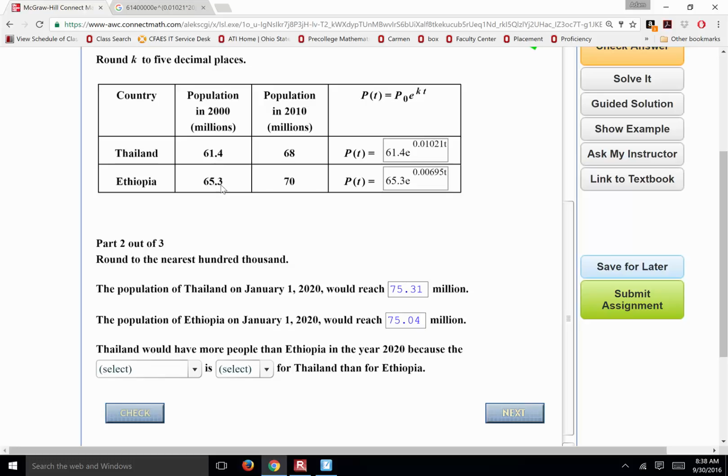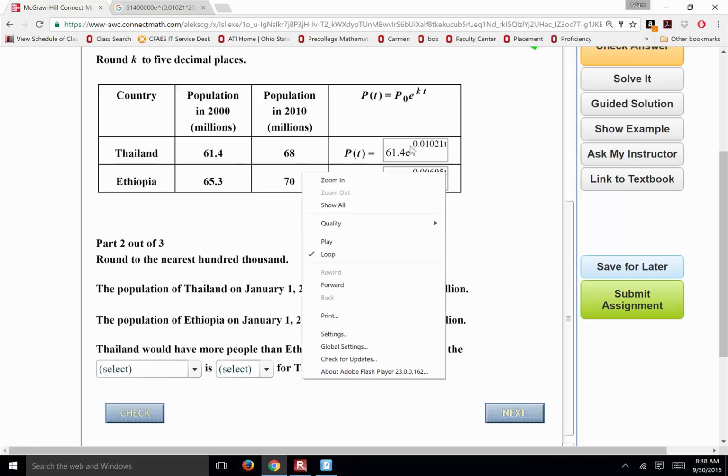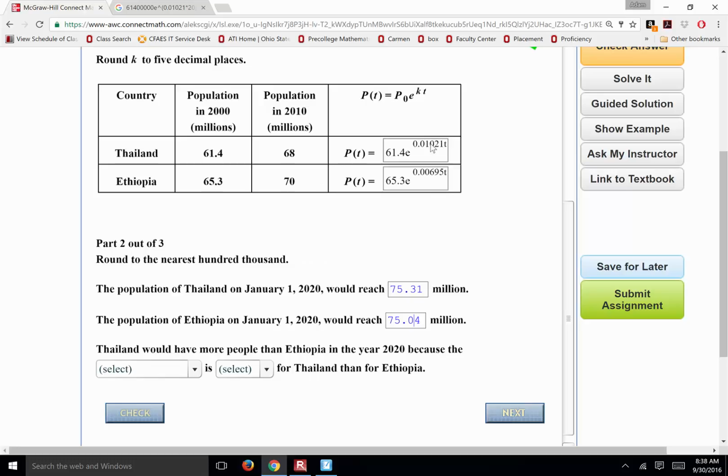Why is Ethiopia not more than Thailand? Although Ethiopia has more population in 2010, Thailand passed it in 2020. Look, 75.31 is more. Thailand beat Ethiopia, because look how slowly Ethiopia grew. 65 to 70 is slower than 61 to 68. So look at the rate. Rate is here. 0.01 is the growth rate of Thailand. 0.06 is the growth rate of Ethiopia.